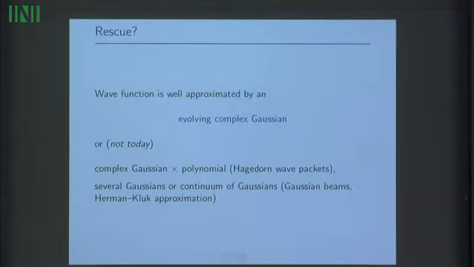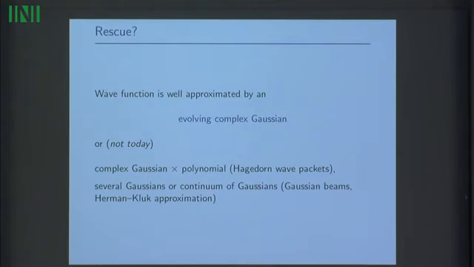No, there is a rescue, and the rescue is there are some particular functions which describe the behavior. We start from some localized object, which we can typically well represent by one or a few Gaussians, and there are ways to do that.